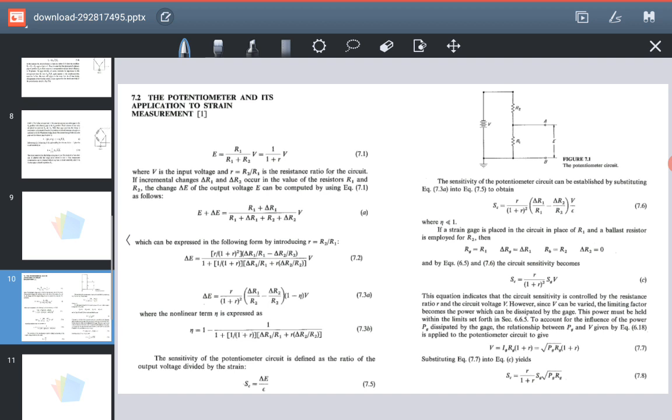Now, as you can see, delta E tends to depend on delta R1 upon R1 and delta R2 upon R2. So to accommodate for this non-linearity, this is actually becoming non-linear. So this delta E is now non-linearly dependent upon delta R1 upon R1 and delta R2 upon R2.